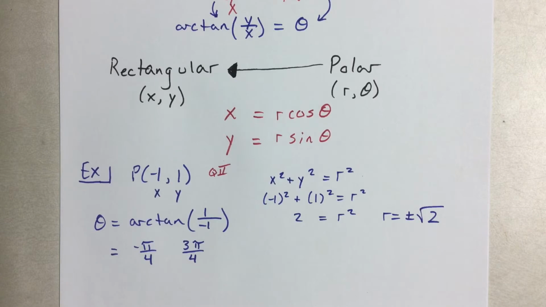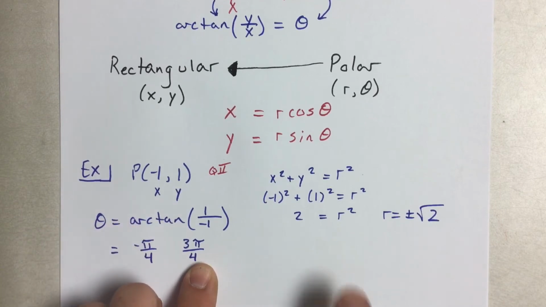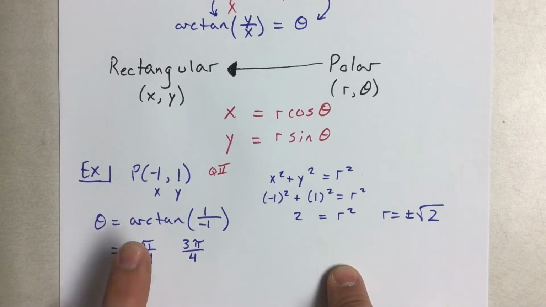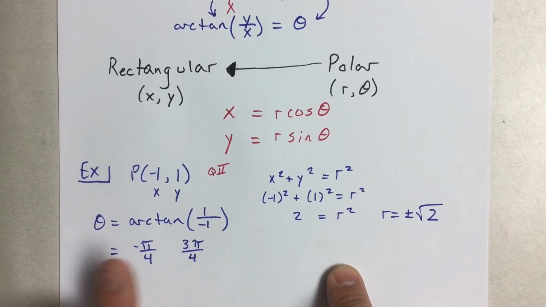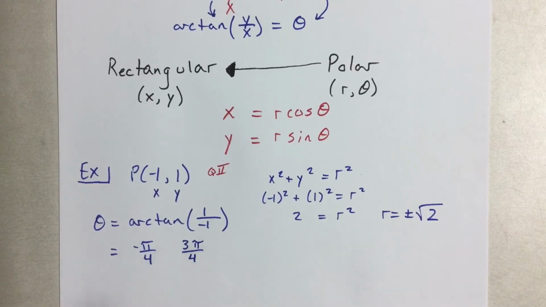The range of arctangent goes from -pi/2 to pi/2. And so I did some conversion here and I added pi to this to get the other value. But we might also have said, I believe this would be 7pi/4? But we're going to use the -pi/4 for this. You'll get the same location, just -pi/4.